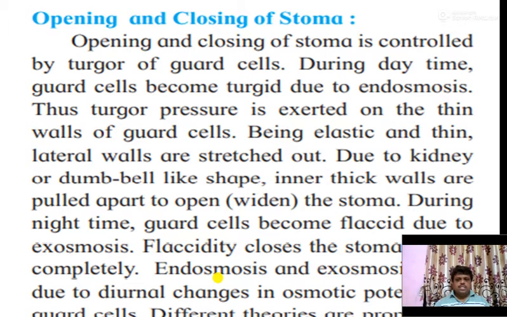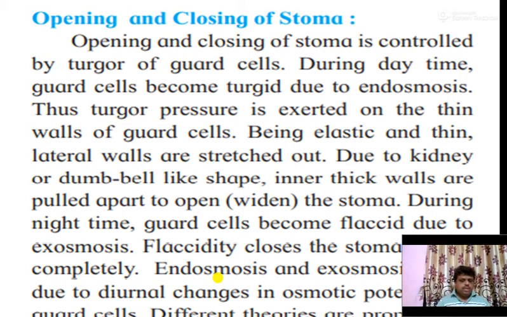So these guard cells have photosynthetic pigments, so they take over the function of photosynthesis also. But that photosynthesis process is very slow, so that type of photosynthesis is called poor photosynthesis. Guard cells have the ability to change their size and form, due to which stomata open or close.